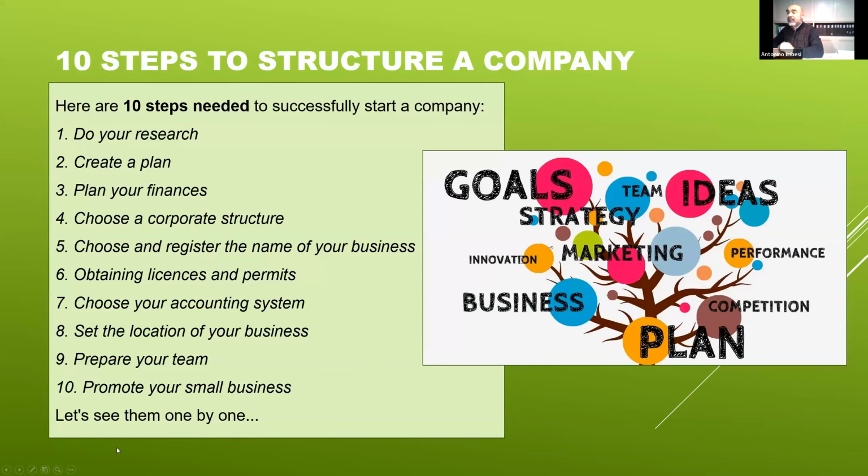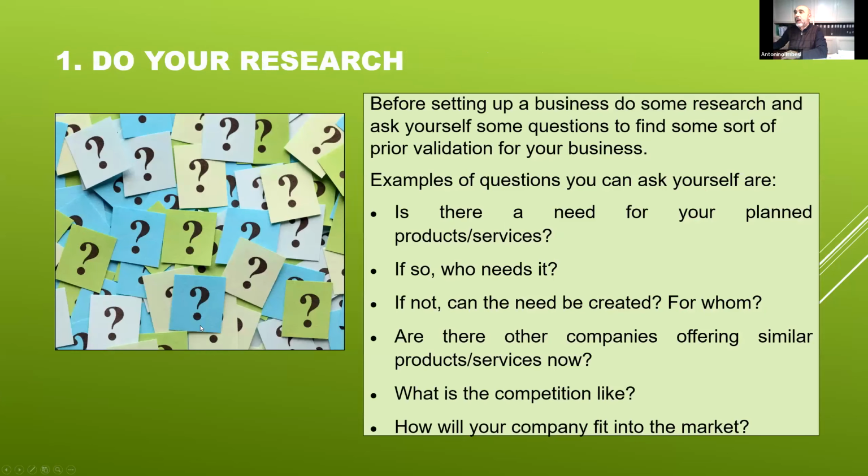Of course, there are 10 steps needed to start a company: make a research, create a plan, plan the necessary finances, choose a corporate structure for the company, choose and register the name of the business you are creating, then obtain licenses and permits that are normally required for some activities, not for all, choose an accounting system, set the location of the business, prepare and organize the team, and then promote the business. Let's see them one by one.